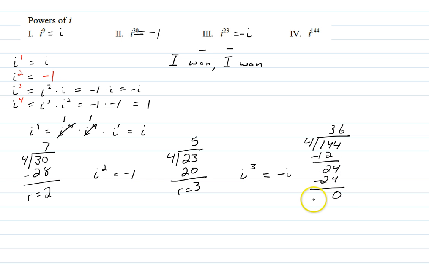And so when we get a remainder of 0, remember, anything with the remainder of 0 is 1. So if 4 divides into that evenly, it's always going to be 1. If it's divisible by 4, it's always 1. Or you can remember that I to the 0 is 1.